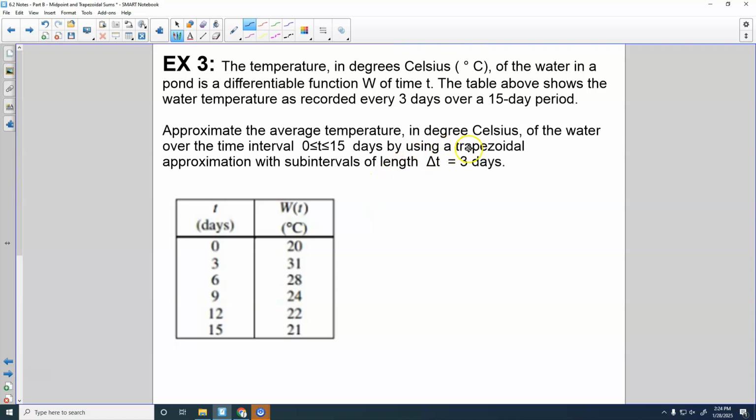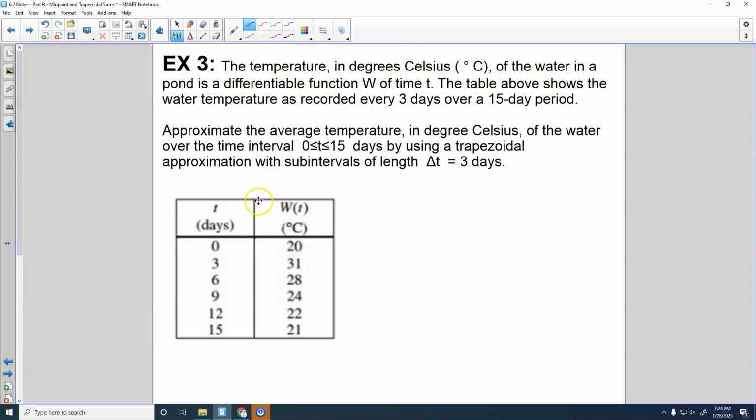But this specifically tells us to try a trapezoidal approximation, so we want to do that. It would work if it asked for a left or a right Riemann sum, but for a trapezoidal, it will not, because I know the temperature on day 0 was 20, but I don't know what the temperature on day 1 and day 2 were. So I'm sort of guessing at what is happening there.